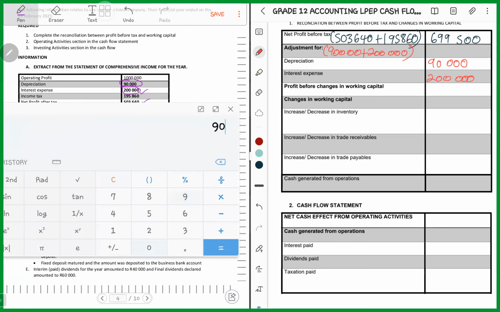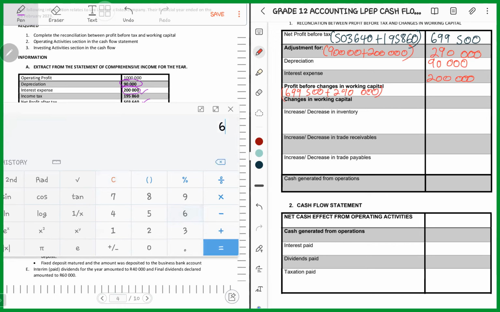So 90,000 plus 200,000 gives us a total adjustment of 290,000. Now when we want our profit before changes in working capital, we're going to take the 699,500 and add 290,000.